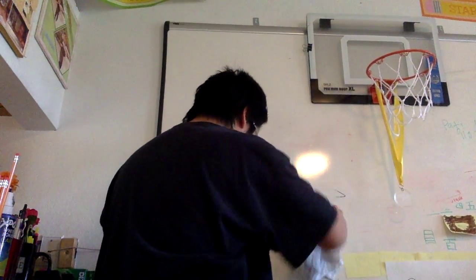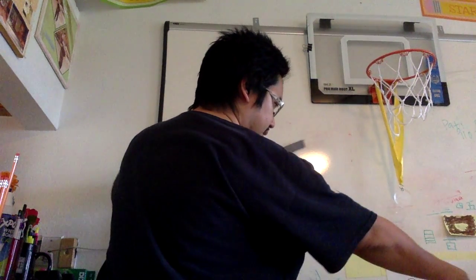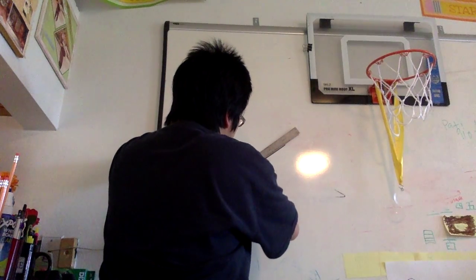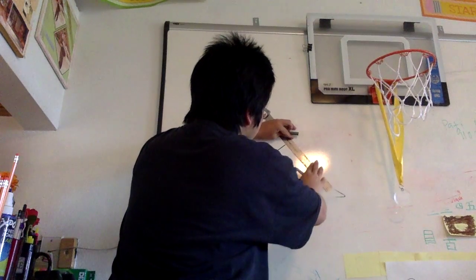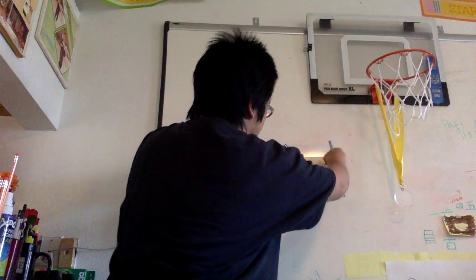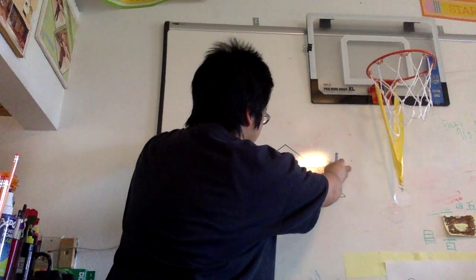I'm going to make it a little bit nicer using a ruler. Let's use your pen. What makes you think that this isn't 180? It's an obtuse. Okay, very good.